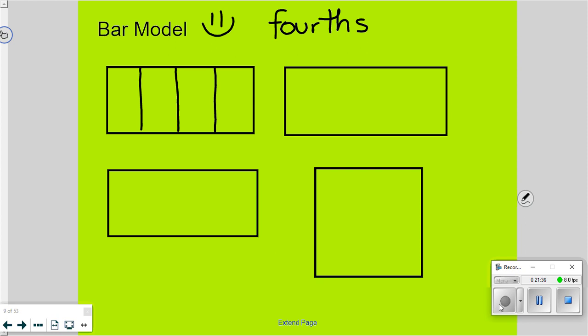I can also go this way. I like to start in half, and then half of a half, and half of a half. So far, so good? Yeah, like the fourths. They are still fourths.